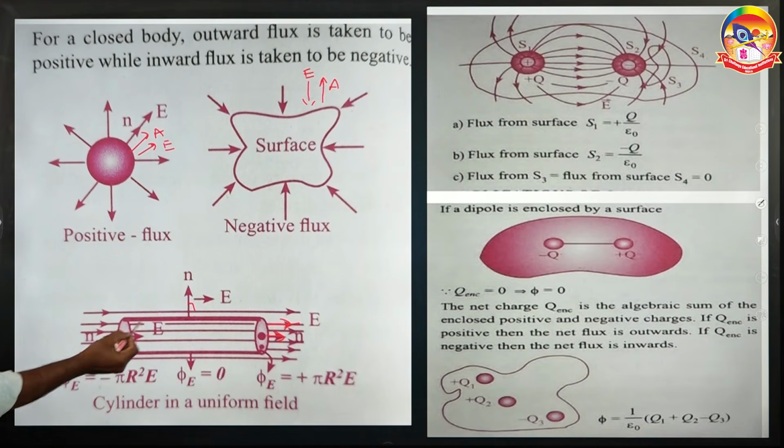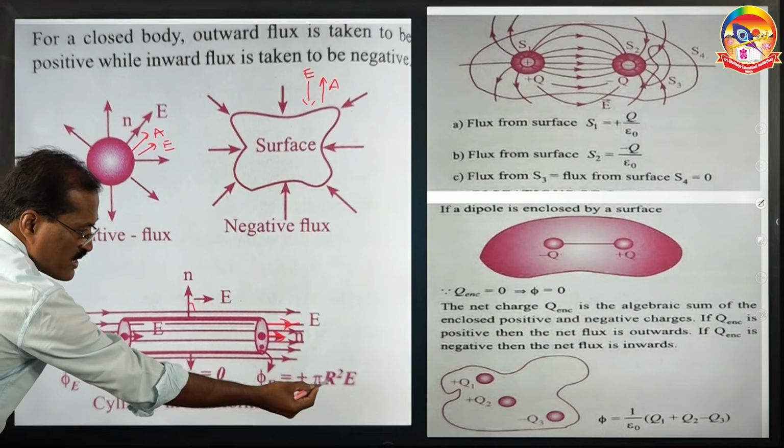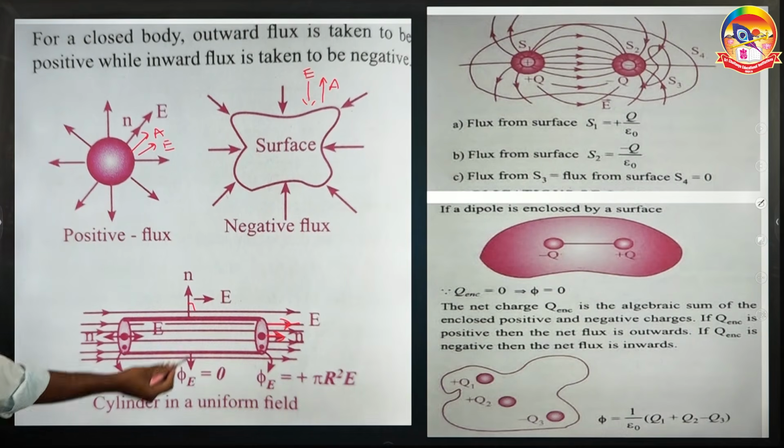Here the flux is equal to 0. The negative flux is EA, where A is pi r square, so minus EA cos theta with theta 180, that is minus 1, and here the flux is pi r square into E, positive.